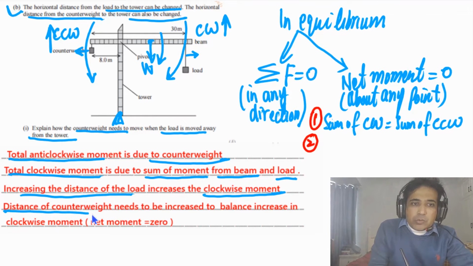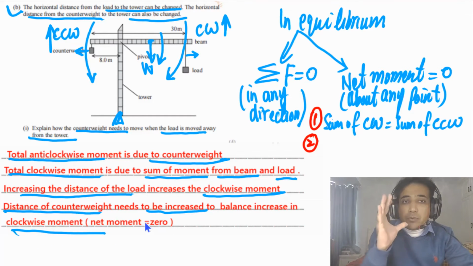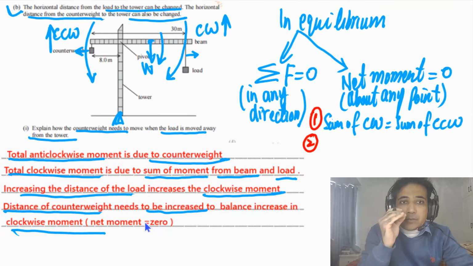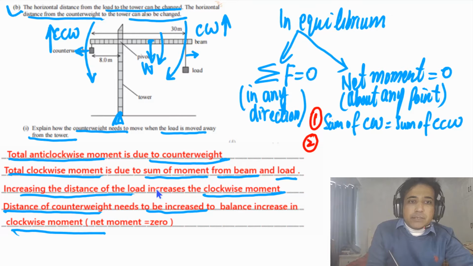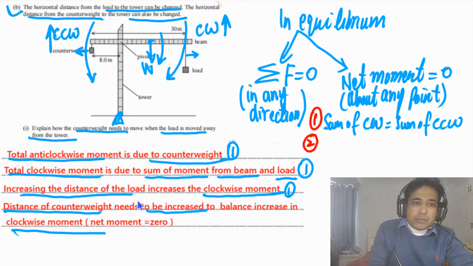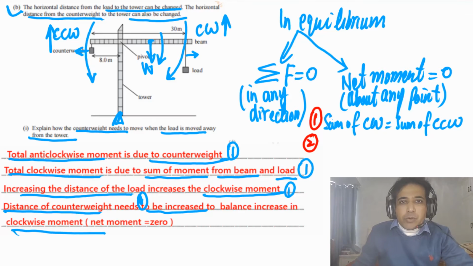So the distance of the counterweight needs to be increased to balance the increase in clockwise moment, because net moment has to be 0 for this system to be in equilibrium. So this is how we can answer, and if you write down these points, you will get 4 marks. Here 1 mark for this one, the second mark for this, the third mark you will get for this point, and here you will get the fourth mark. This is how marks will be awarded.